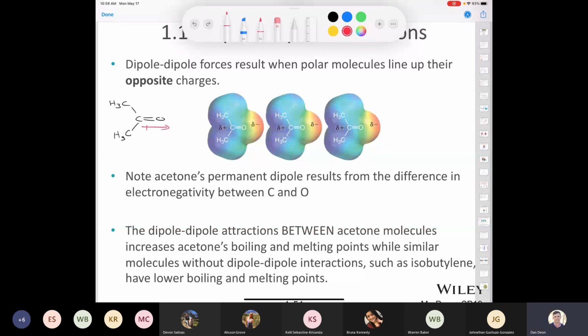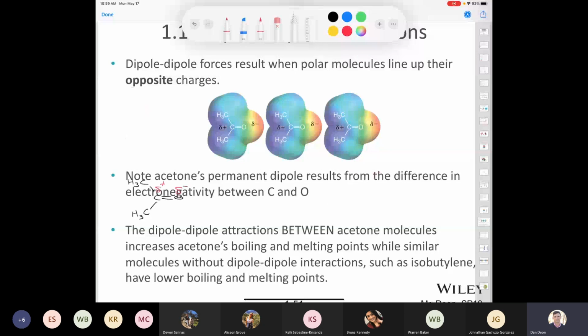If I have a molecule of acetone, like this one right here, and the oxygen is partially negative and the carbon is partially positive, that acetone molecule is just going to be floating around in the liquid, but it's going to align itself in such a way that it's going to try to maximize the electrostatic interaction between the delta negative on one oxygen and the delta positive on another carbon, right? Let's say we have another molecule of acetone, copy, paste.